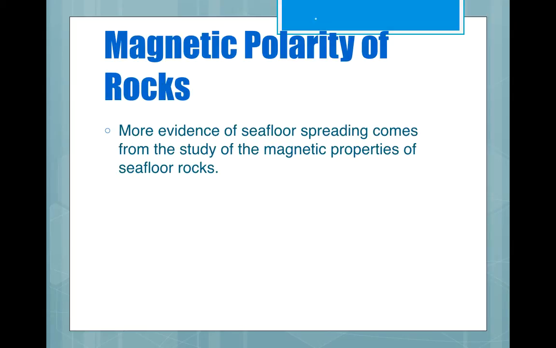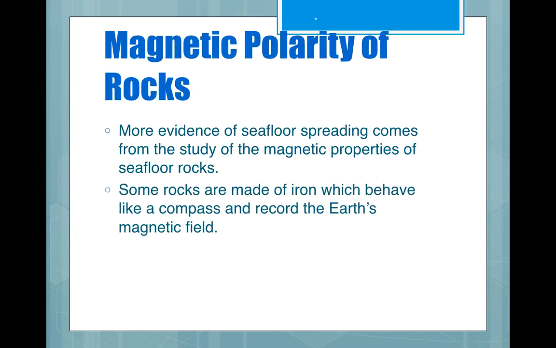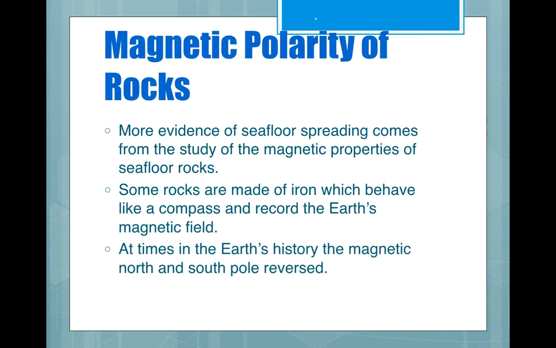There are also times when these poles have been reversed. Okay, so the seafloor basically starts acting like a compass and gives us north and south poles like they are now, and gives us north and south poles being reversed.